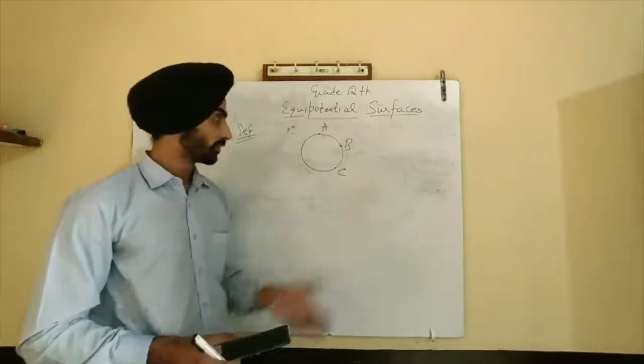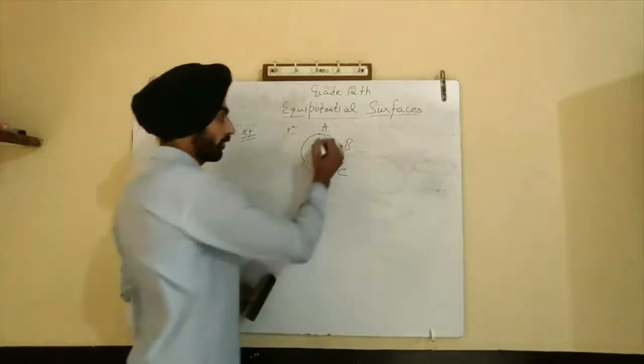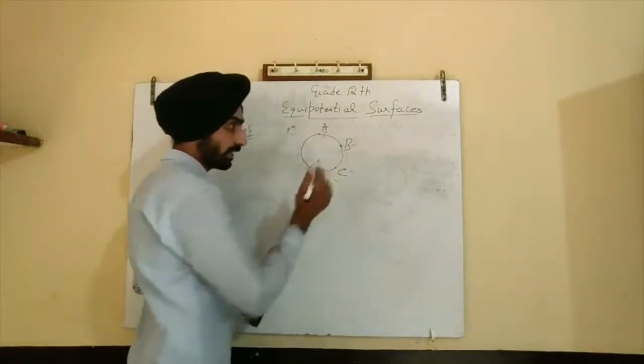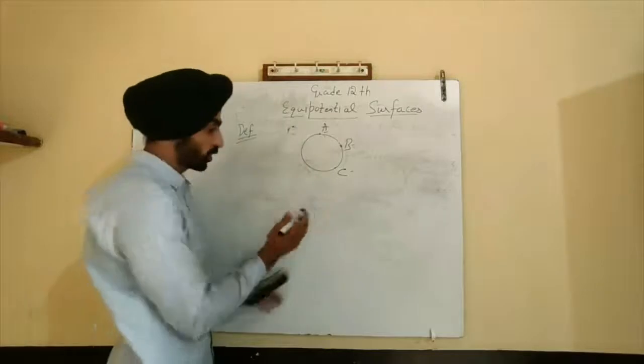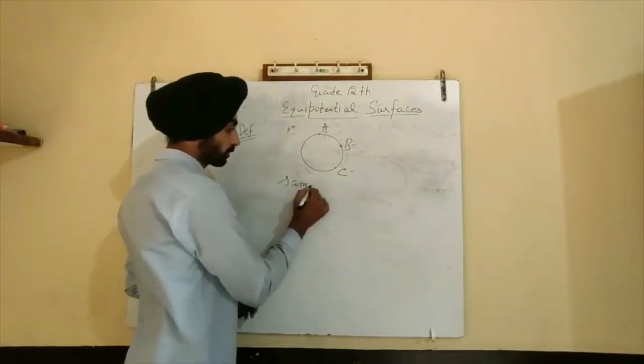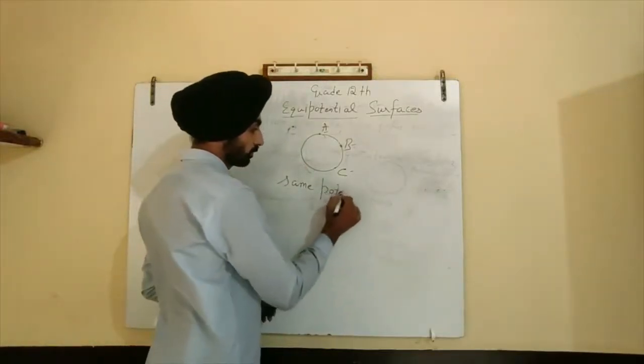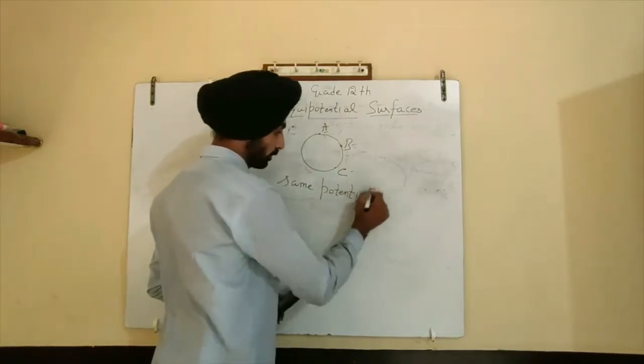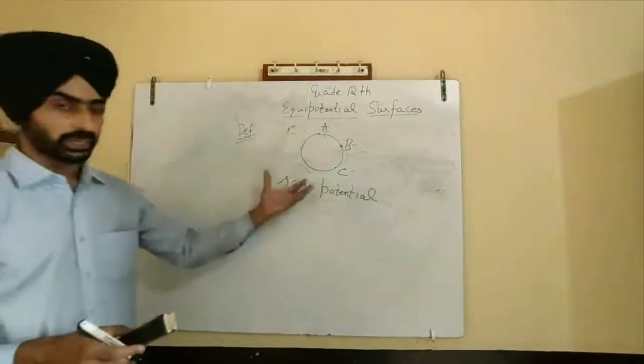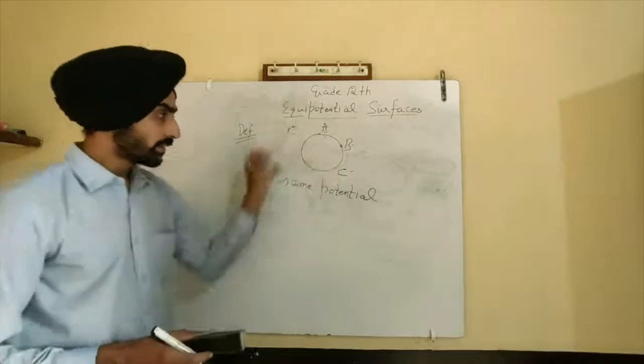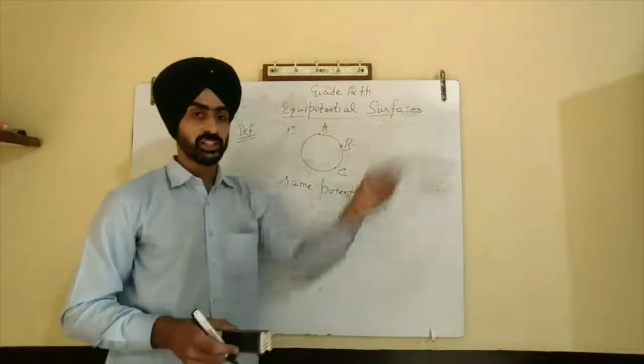If A, B and C have the same potential, we can say that this surface is an equipotential surface.